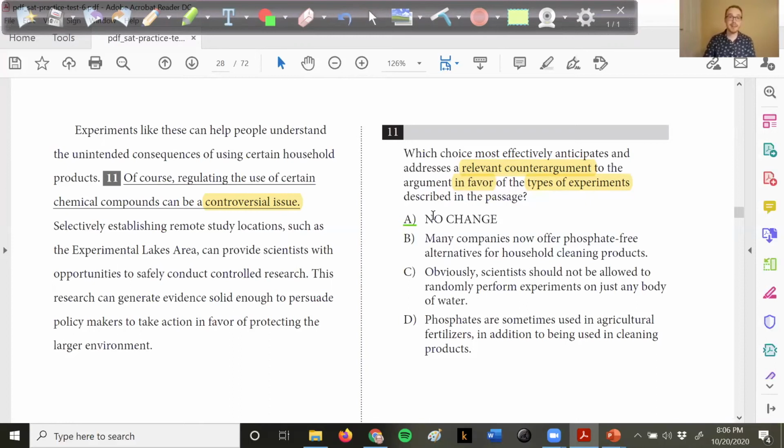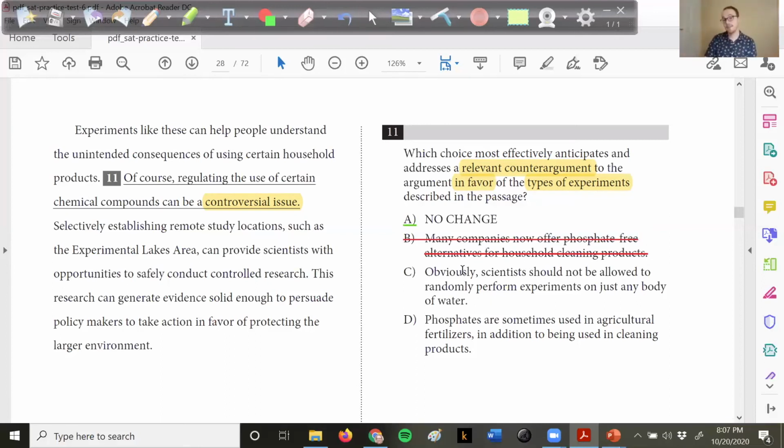It's the only one we've looked at. B, many companies now offer phosphate-free alternatives for household cleaning products. Well, that doesn't really get at an argument against these kinds of experiments. That's just talking about how companies are adapting their products on top of this research. So I don't really like B. Doesn't offer an argument at all.